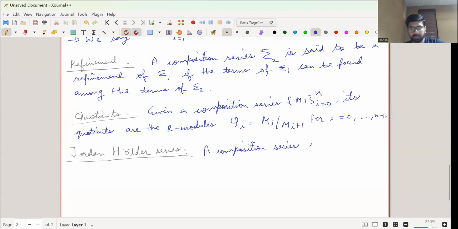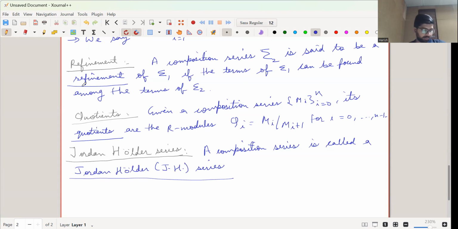A composition series is called, just highlight this, the Jordan-Holder series, in short we will say JH, if it does not admit any proper refinements.